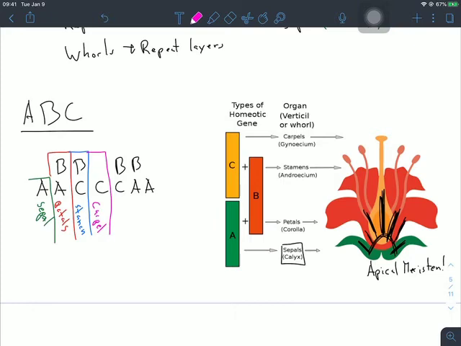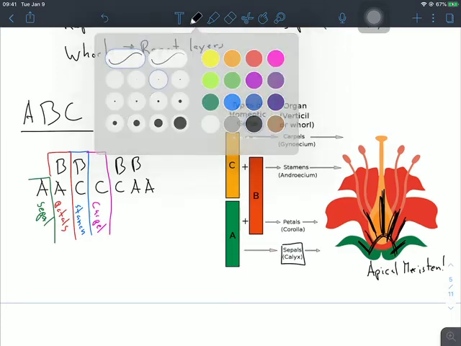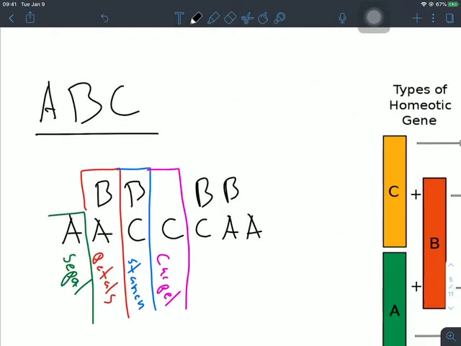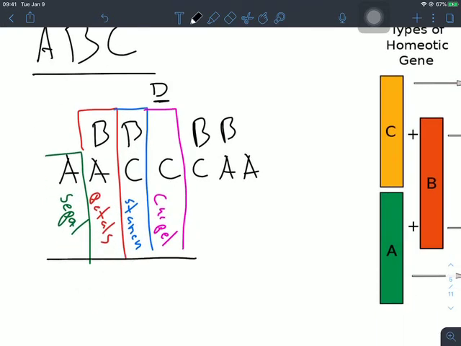There are 2 other genes. Since the ABC model was first identified, we've identified that there is a D gene that's needed specifically in the expression of carpels. And in order to make a flower in general, there is an E gene that specifies that this organ will be a flower, not a shoot.